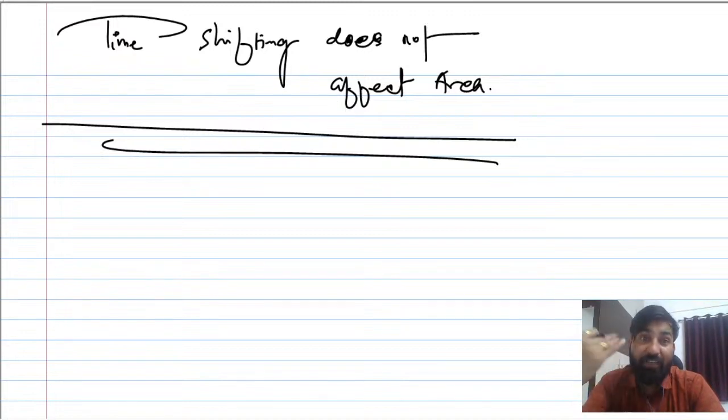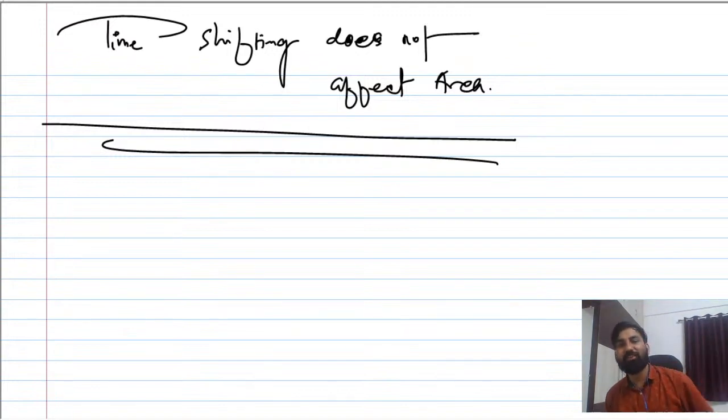ओके, लेकिन टाइम स्केलिंग का इंपैक्ट है. अगर आप टाइम को स्केल करते हैं तो वो एरिया, एनर्जी सब में इंपैक्ट करेगा. लेकिन you have to keep in mind, if you are shifting something, the time period is not going to change. If you are shifting a signal, then you can say area is not going to change.